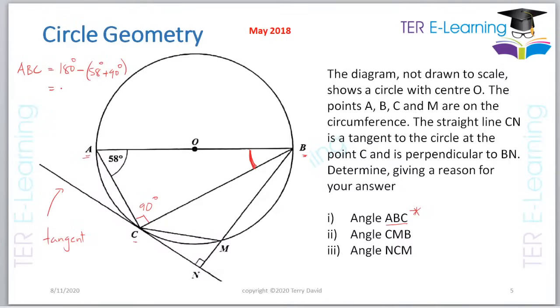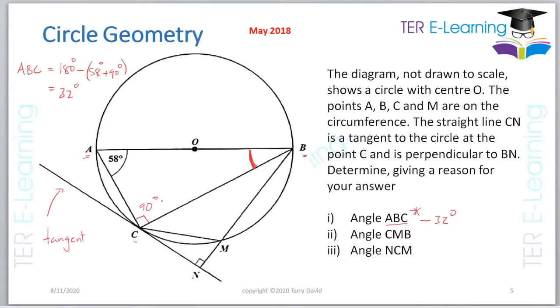So we could use our trusty calculator to work this out. This question comes in your Paper 2 most of the time, so you can use a calculator for this. So it's 58 plus 90, and that gives us 32 degrees, right? So this here is 32 degrees.